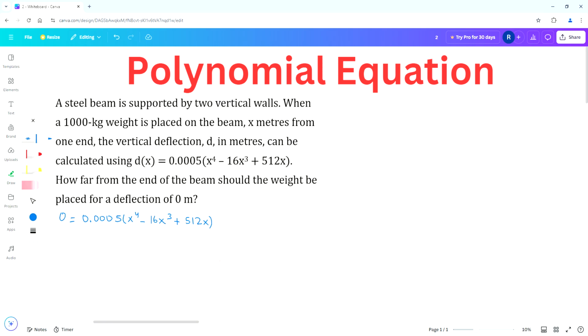The first step is to do common factoring. We can factor out an x from the three terms in the parentheses.